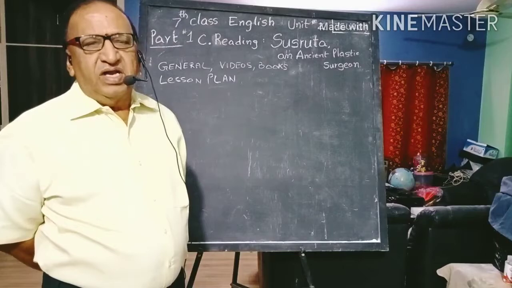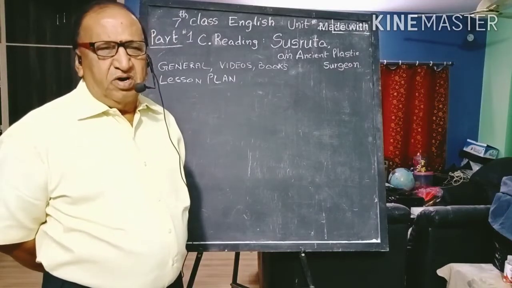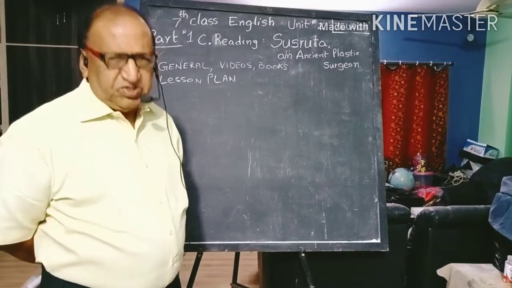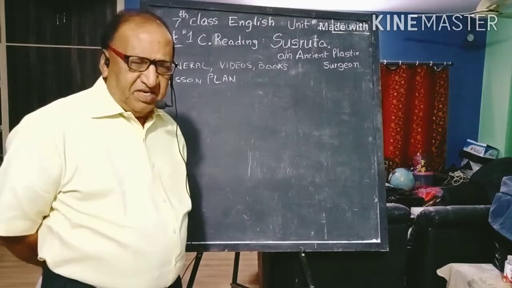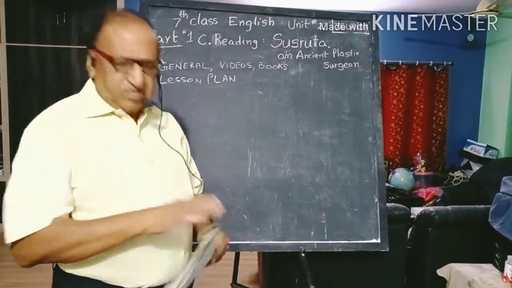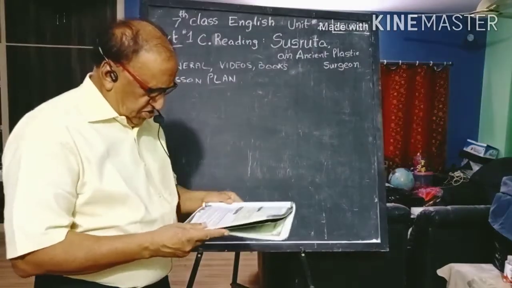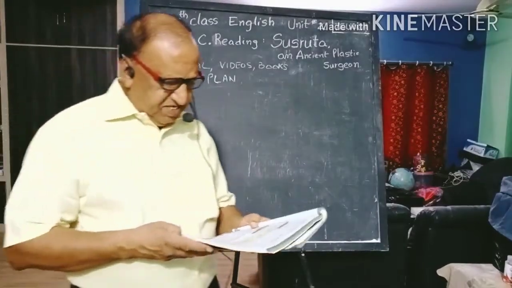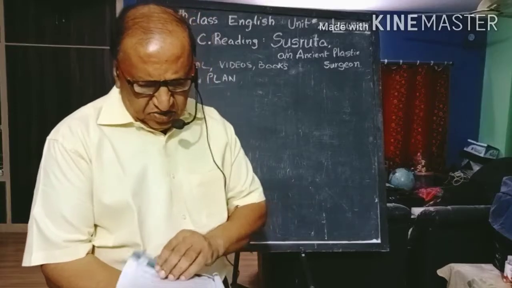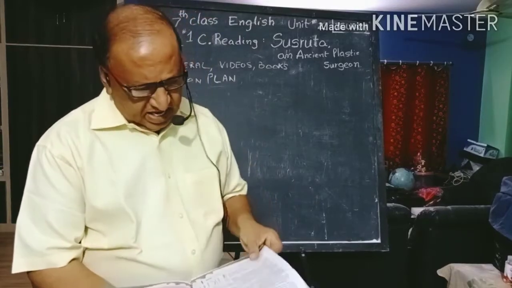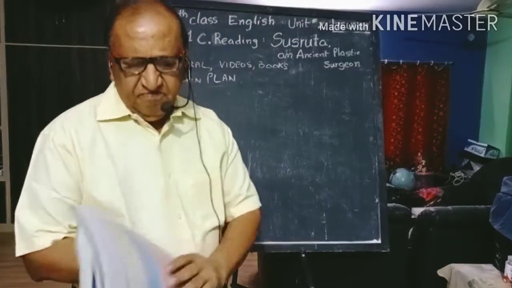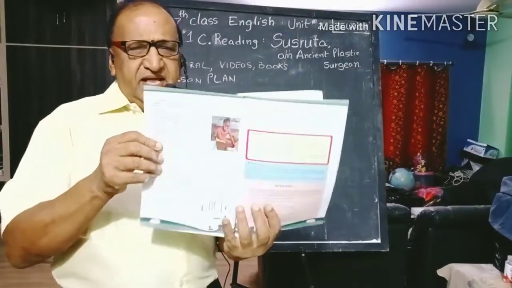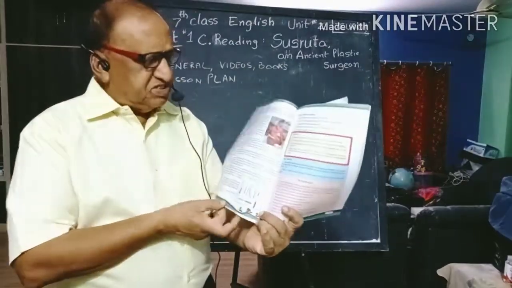After that, we learn a little bit more about Dr. Susruta, the ancient, famous plastic surgeon. Okay? So if you look at page number 37, the story starts, and then you see him on the next page, page number 38.